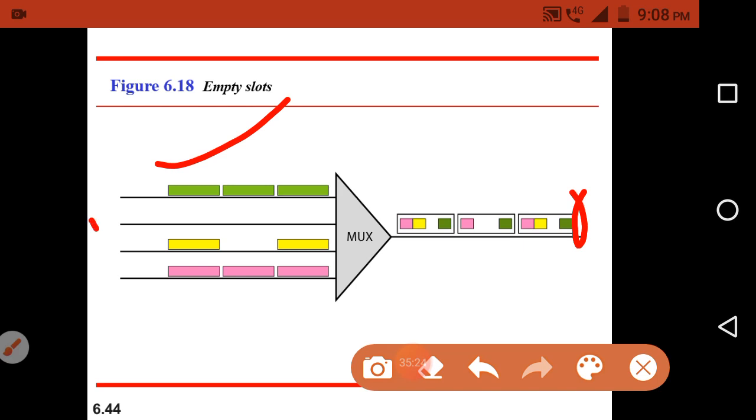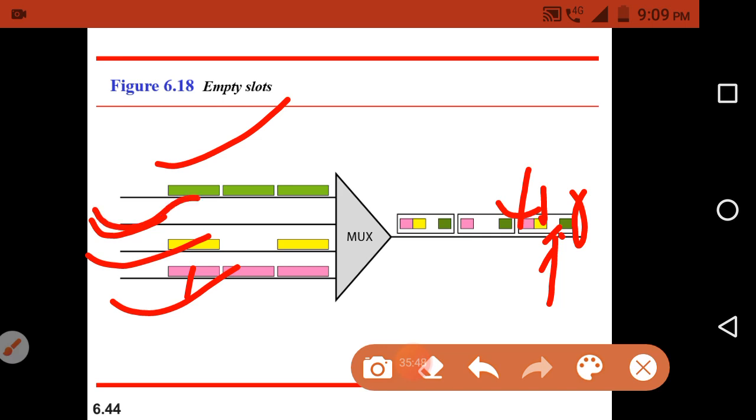There is no data unit present in the second connection, but it still allocates a slot. Again it goes to the third connection, where a data unit is present, so it allocates the output slot. Same for the fourth connection, where data is present, so it allocates the data unit. So whenever no data is present, it still allocates a slot on the output side. That slot is what we call an empty slot.